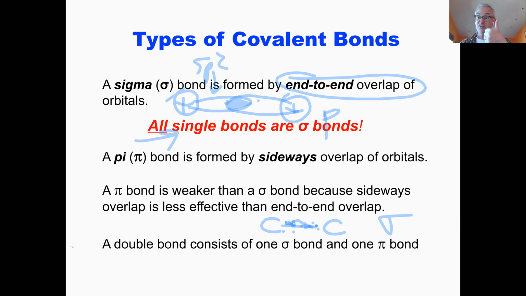And that makes them stronger because that electron density is right there. It's not going anywhere. And so it's much harder to pull apart a single bond because that electron density is in one place. As we'll see with pi bonds, they're formed with p orbitals.